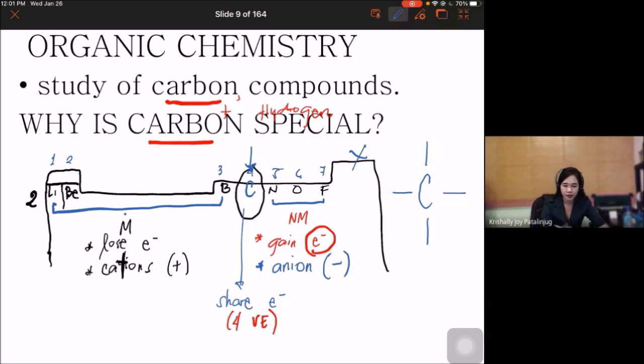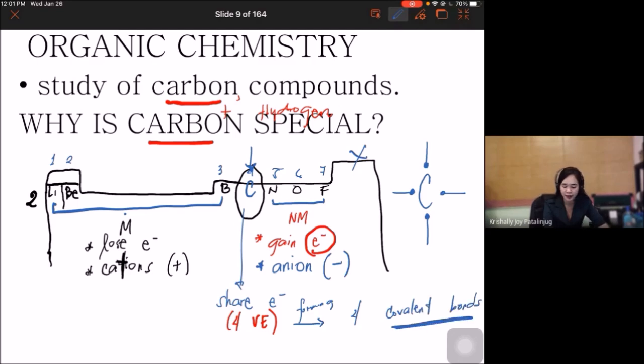Kasi shinare niya yung 4, 'di ba? Meron siyang 4, willing niya i-share yung electrons. That will form then 4 covalent bonds. Siyempre, covalent bonds kasi we're talking about sharing of electrons.